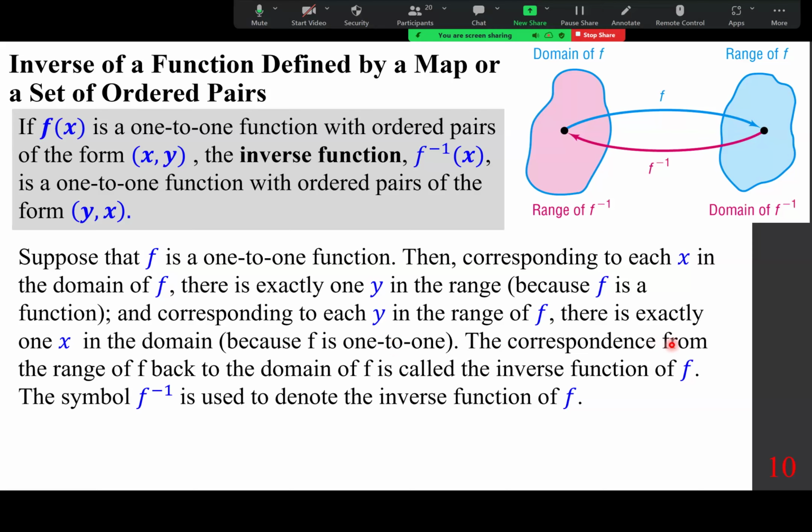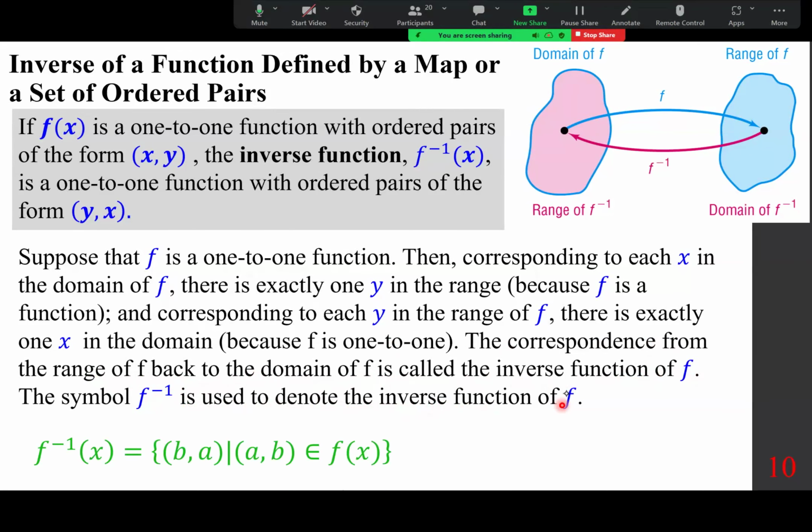The correspondence from the range of f back to the domain of f is called the inverse function of f. The symbol f inverse is used to denote the inverse function of f.